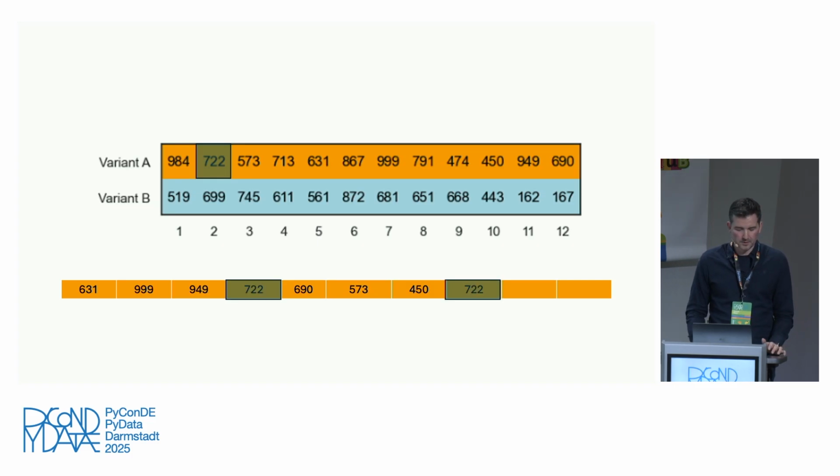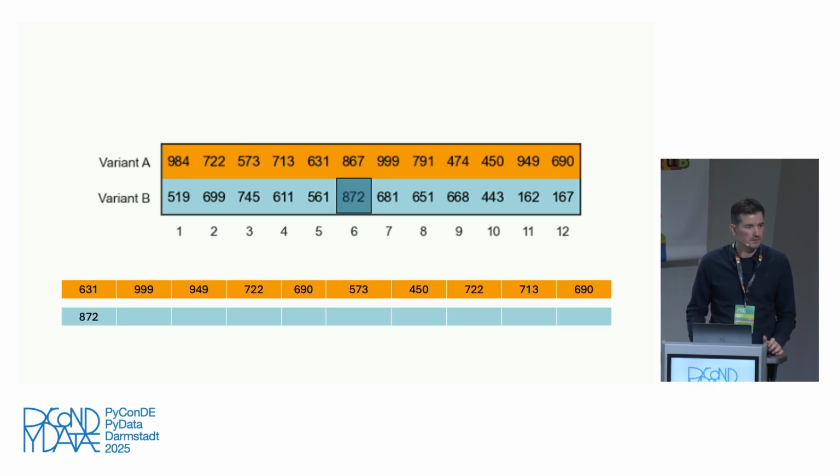So we do it with replacement, which means now the 722 is 2 times in here. But that's fine. That's actually what we want to have. And the bigger the array, the more often you find these things. The same number could also occur twice, but then you have it 2 times that you can select from. You do the same thing for variant B.